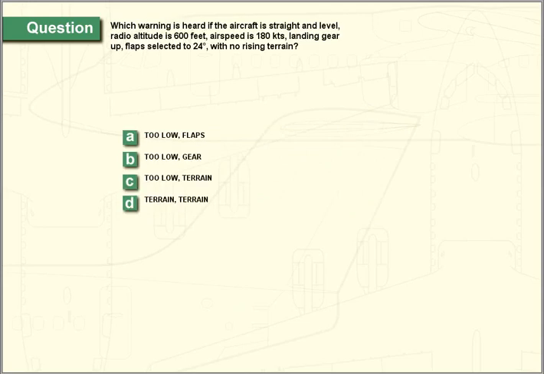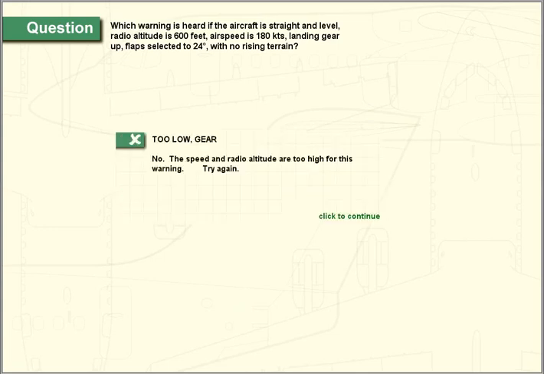Which warning is heard if the aircraft is straight and level, radio altitude is 600 feet, airspeed is 180 knots, landing gear up, flaps selected to 24 degrees, and there is no rising terrain?